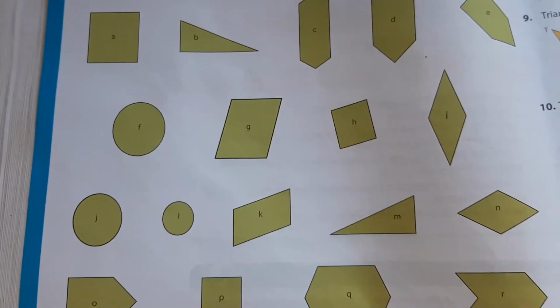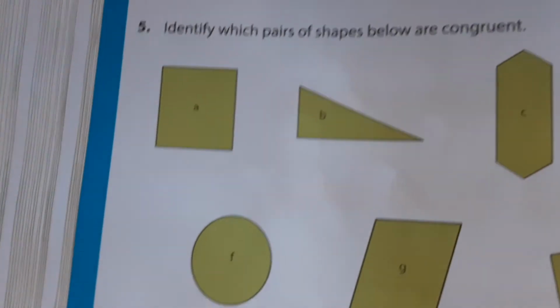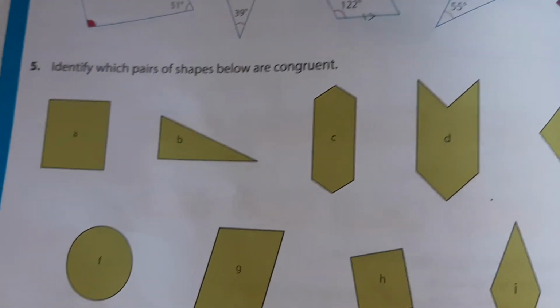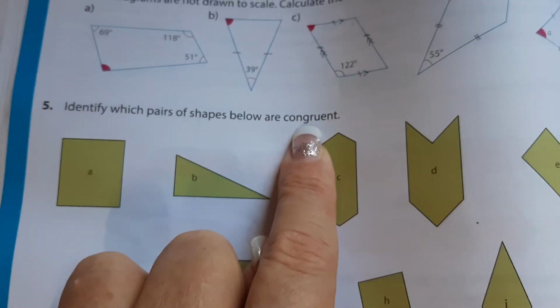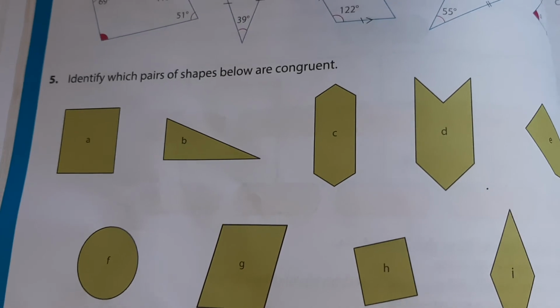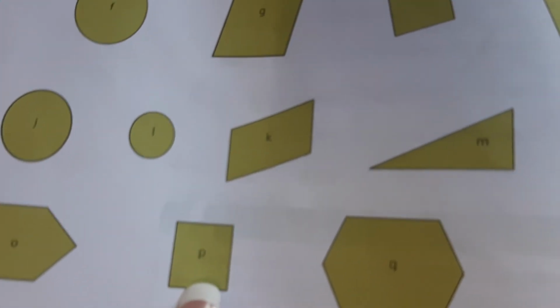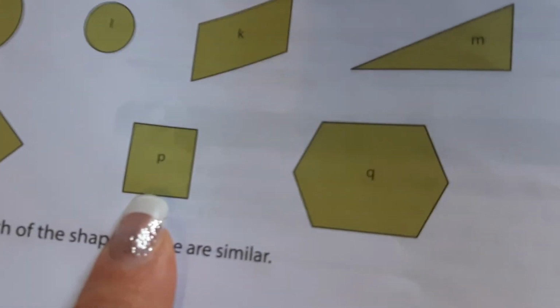A does not have a congruent match, but A and P are similar. They're not the same size. If you look at it, you will see they are not the same size. And remember, what are congruent shapes? Congruent shapes are like identical twins. They have to be of the exact same size. So A and P are not congruent. They are similar.